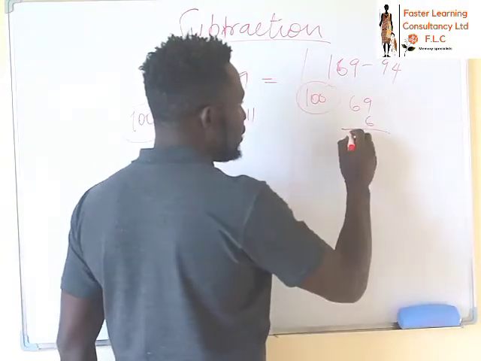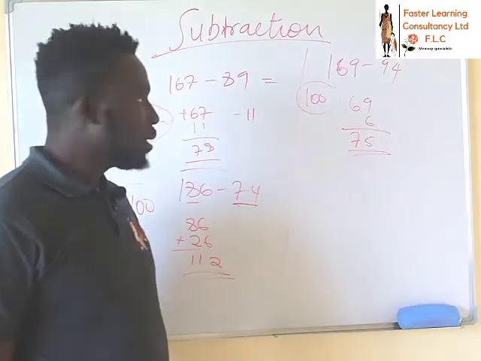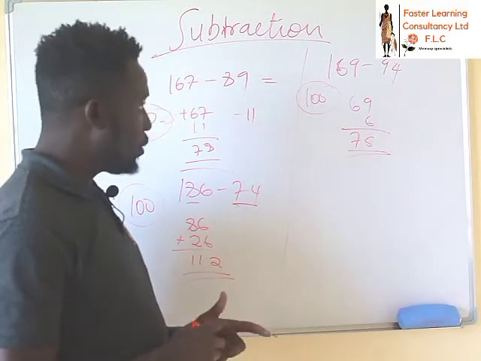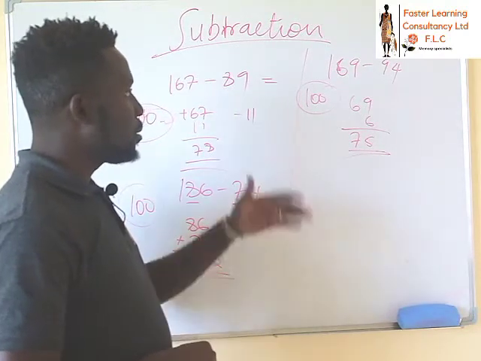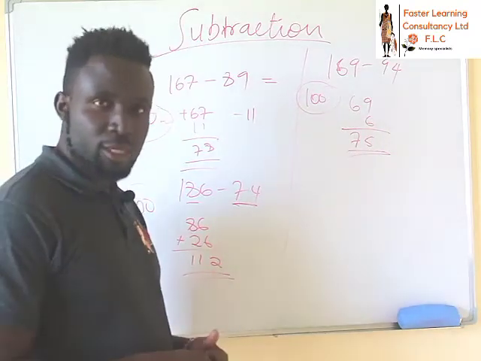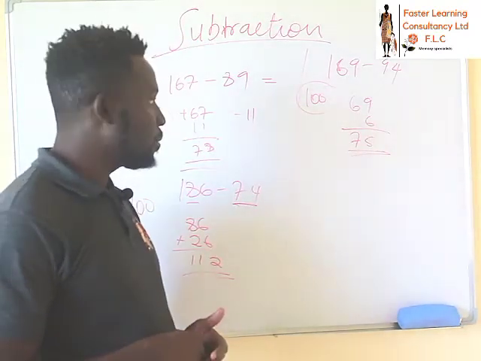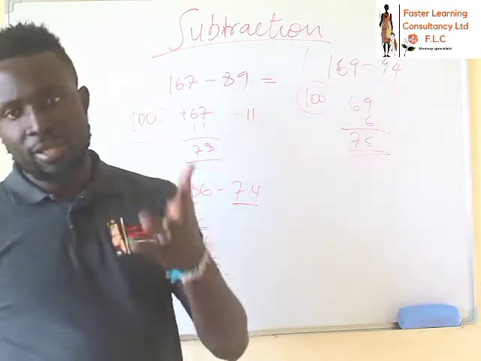So what do I have? I have 75 as my answer. Okay? Like that, you can use the same method to do most of your subtraction, and everything becomes easier and faster.